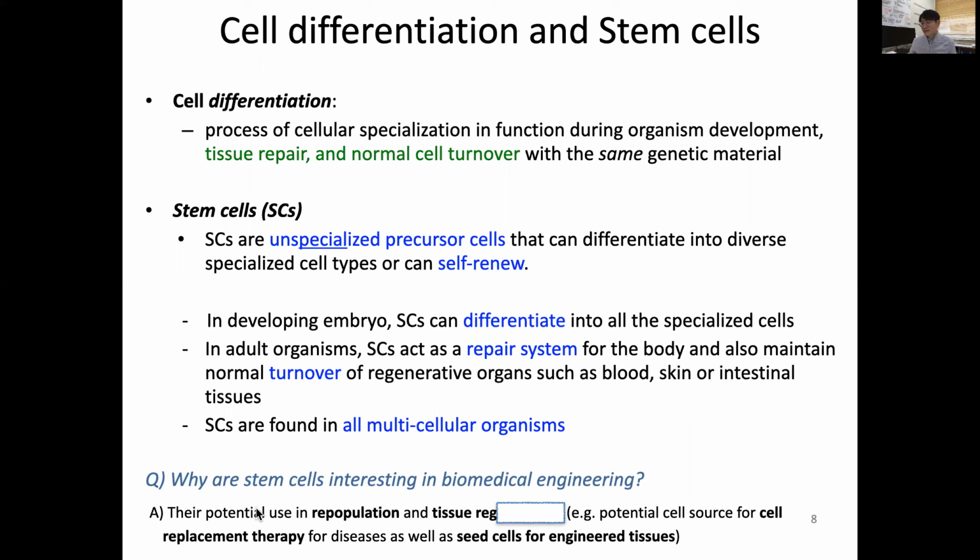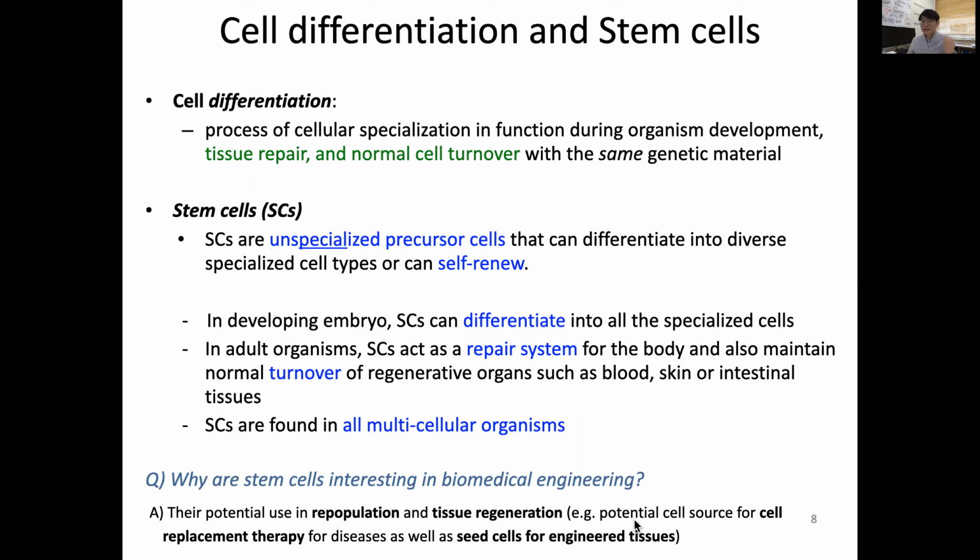So this potential use of stem cells for repopulating and tissue regeneration is of great interest to us, especially when there's an injury, an accident, a loss of tissue, or a problem in organ replacement.